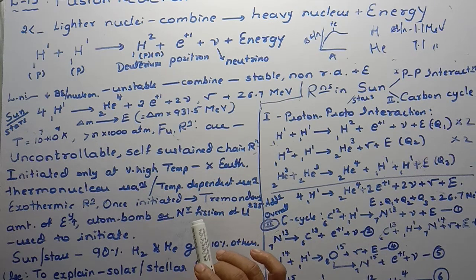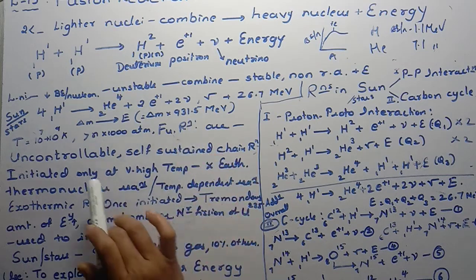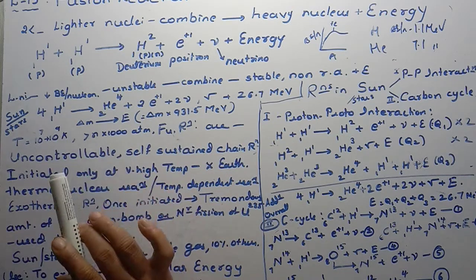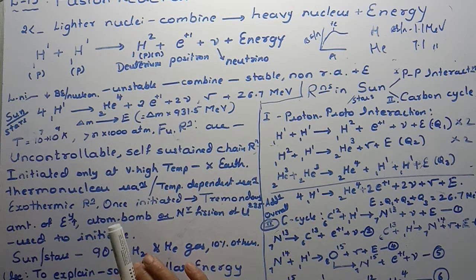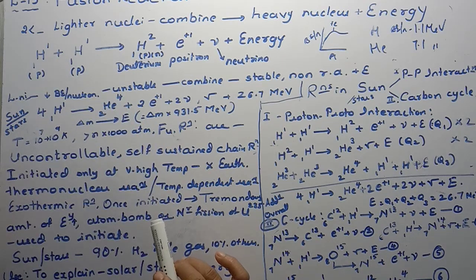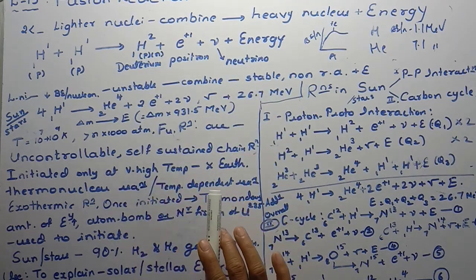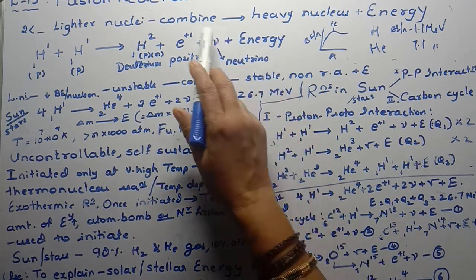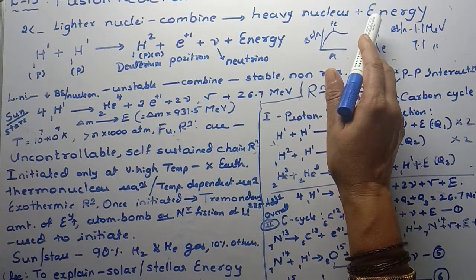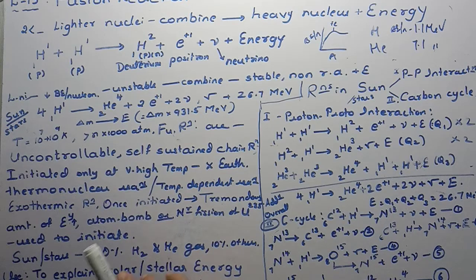Yes, with this we go to the next point. When the hydrogen atoms are made to react, this temperature range and this pressure must be maintained. But once the reaction is initiated, that reaction will be a self-sustained chain reaction, because there is a liberation of energy, and this energy is utilized by other lighter elements to fuse with one another.